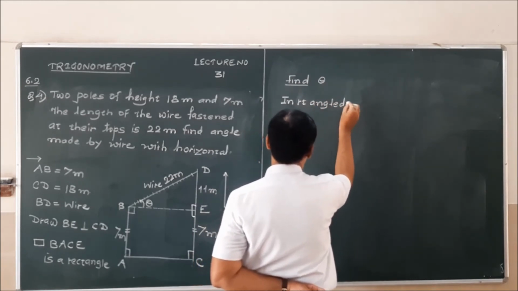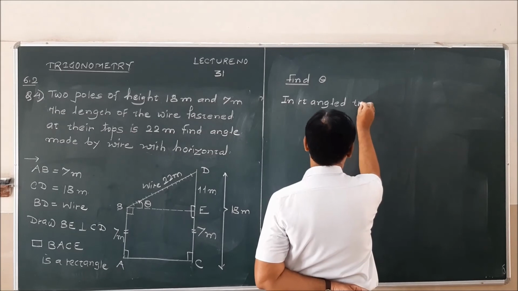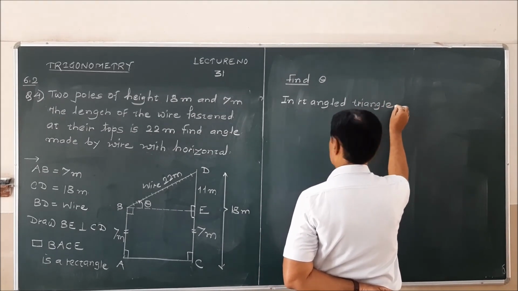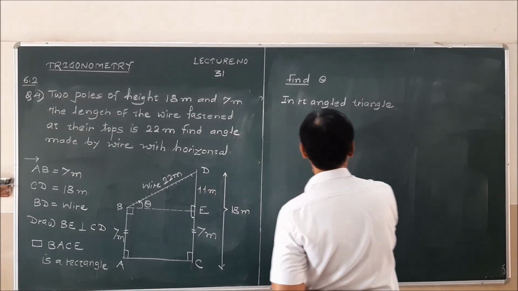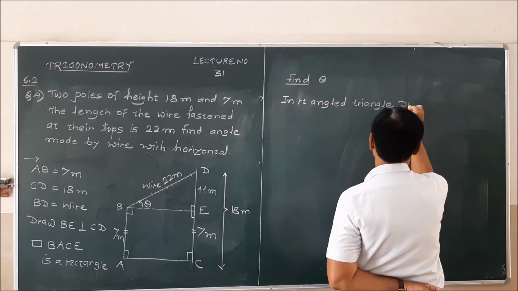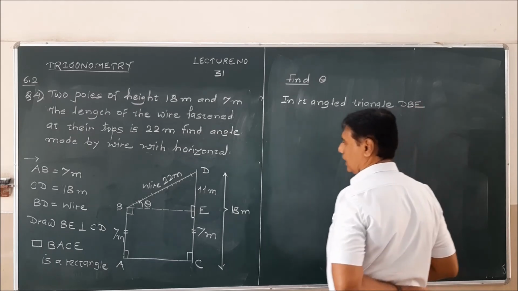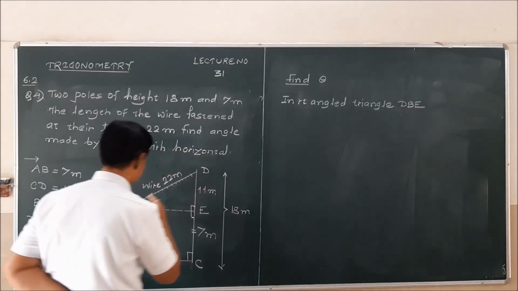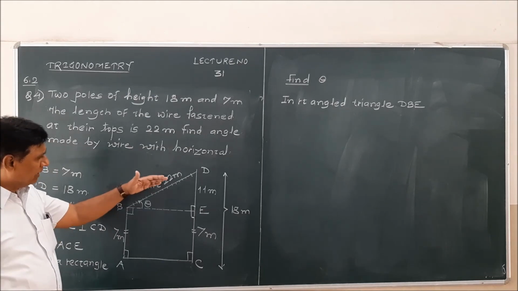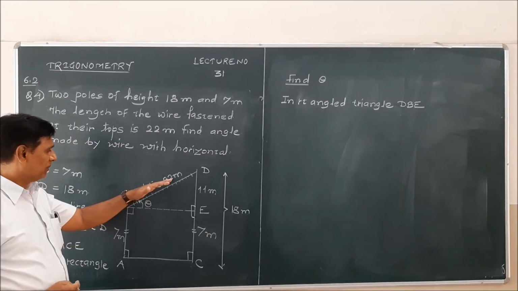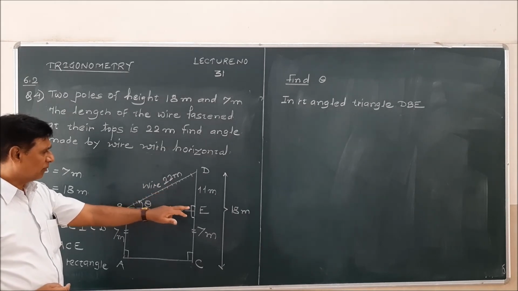In right angle triangle DBE, BD is hypotenuse opposite to 90.